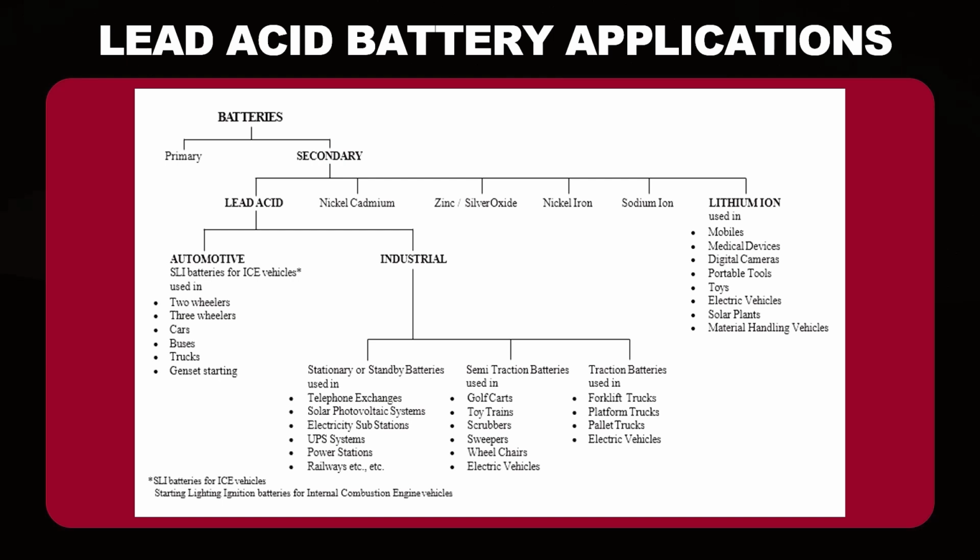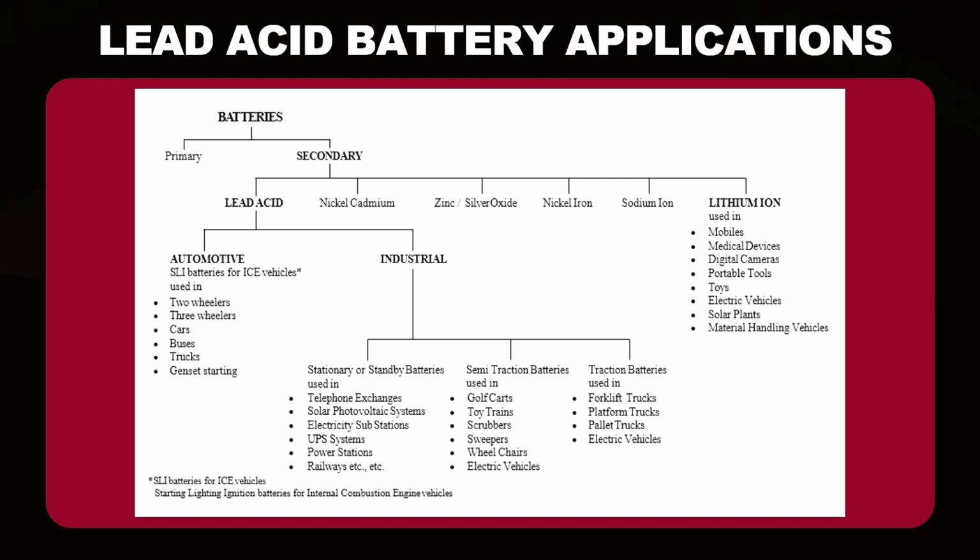They are not mobile. In stationary applications, the batteries are kept in standby mode and are used only in the event of a power outage or an emergency shutdown of the power supply. These batteries get recharged when utility power resumes after a shutdown.